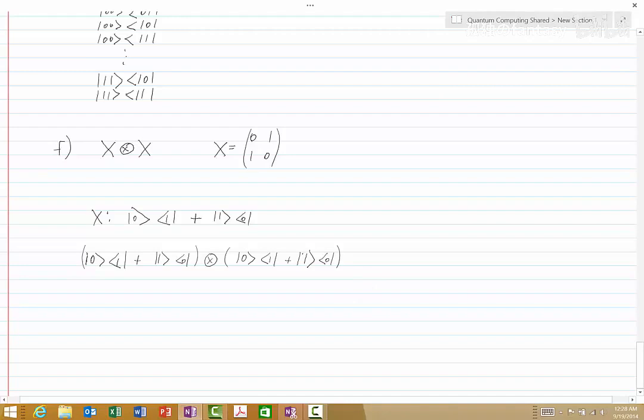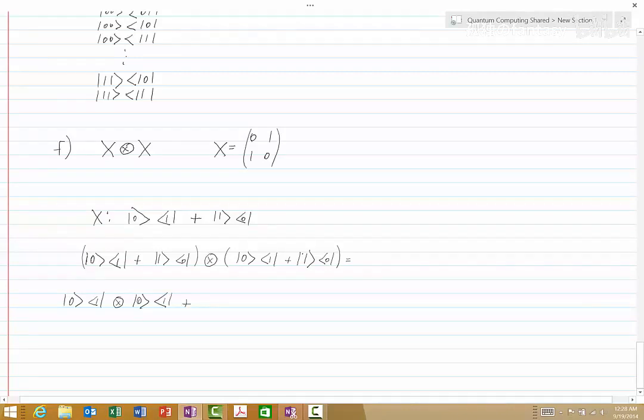And let's see what we would get. Okay, the first term will be |0><1| tensor product |0><1|.